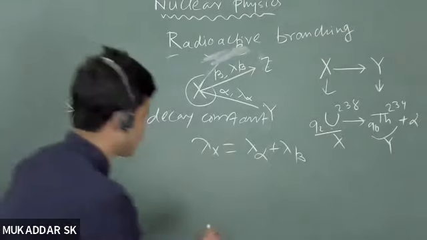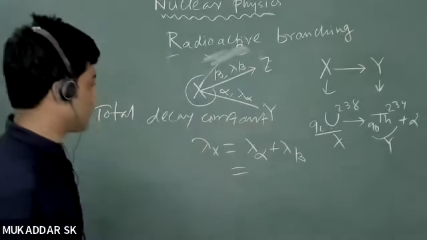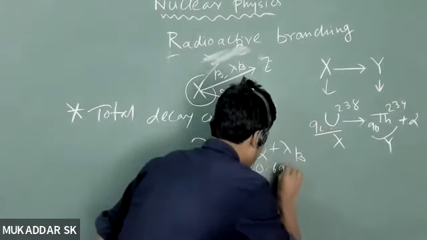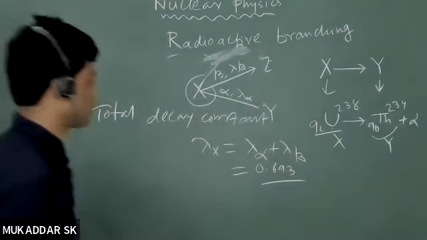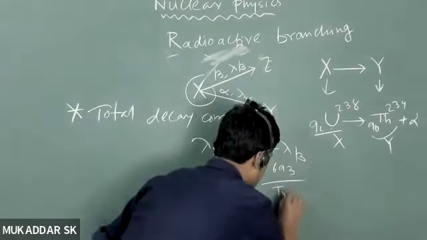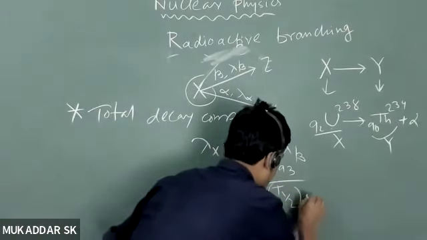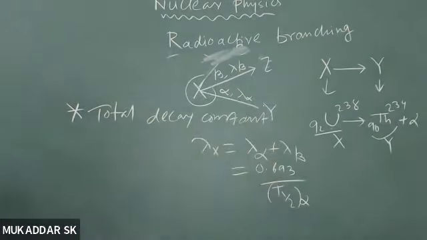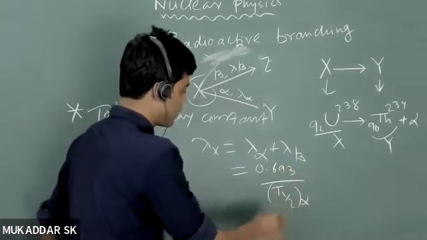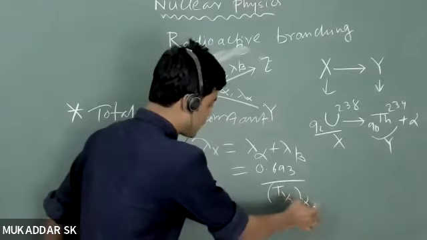And can you tell me, can I write that lambda alpha is 0.693 divided by T half, half life T half for alpha decay? I mean, lambda alpha means 0.693 divided by half lifetime of the sample in alpha decay.